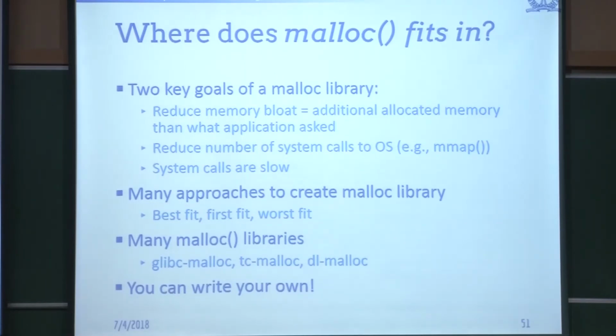There is best fit, where if you have to allocate some memory, you pick the free region which most closely fits the requirement, or you take the worst case, or first fit. There are a lot of policies. I will not go into the details of it. You can read about it yourself. There are also many different malloc libraries, and you can write one of your own.